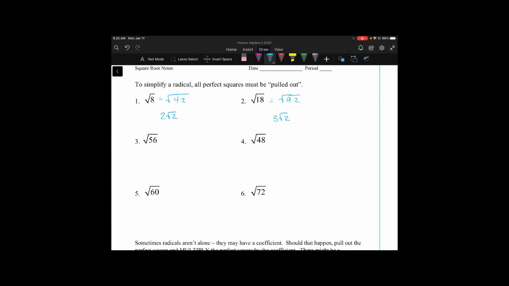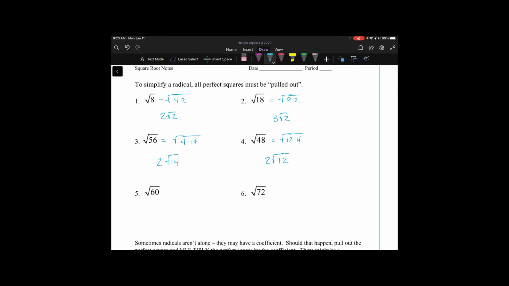Let's see, the next one is going to be, 56 is 4 times 14. Square root of 4 is 2, so he comes out, and the 14 stays in there because he's not a perfect square. See, 48, that would be 12 times 4. 4 is a perfect square, so he can come out, and the 12 stays in the house.